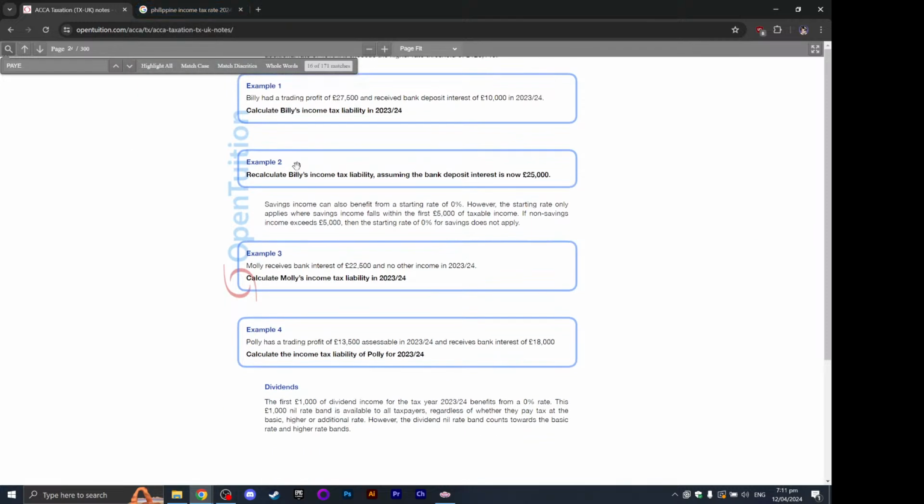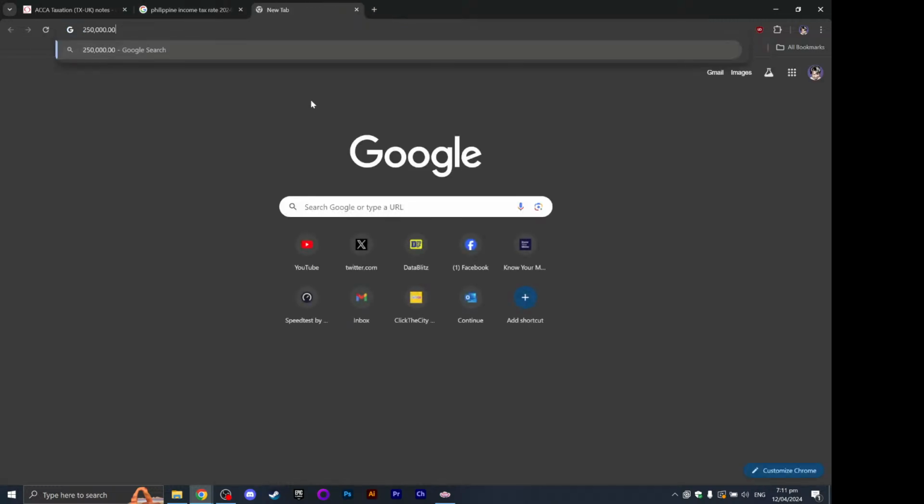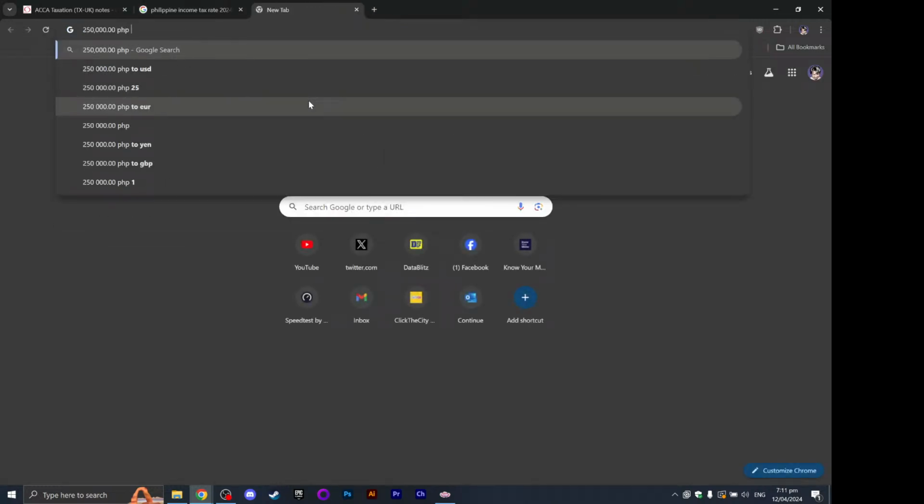Okay, let me see. Okay, 0% income of 0 to 250,000 pesos, and then 15% above that. Okay, and then 20%. So let's calculate 250,000 pesos, PHP to USD.